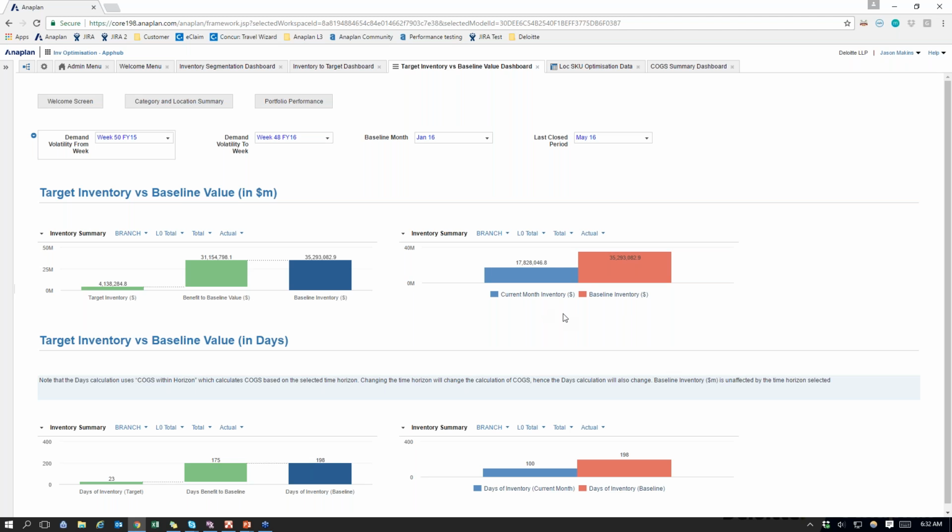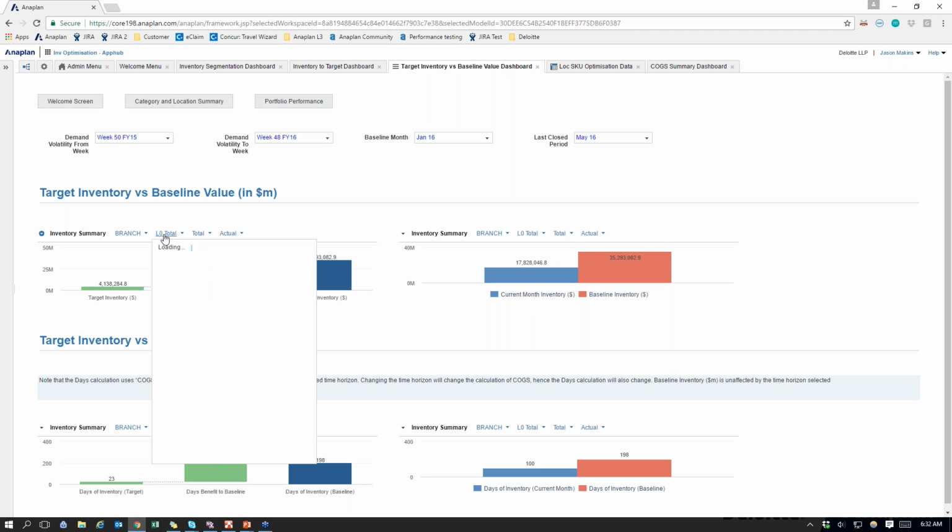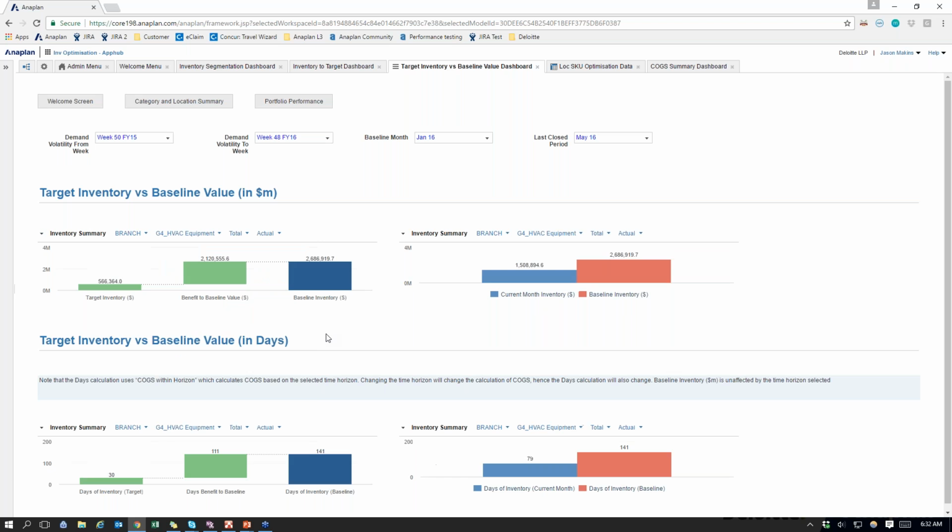And already we're seeing some benefits on moving this down. And the great part about this is that you can have the conversation with a product owner. So you could have someone who's in charge of HVAC equipment, and you can show them what this looks like very quickly in the context of their product line, or in the context of a different region or zone.